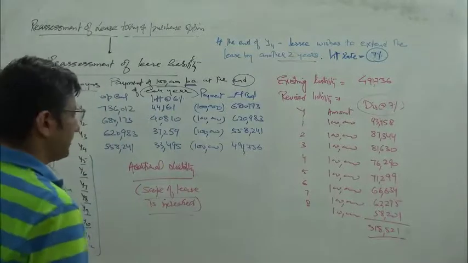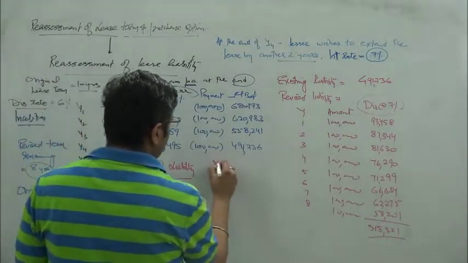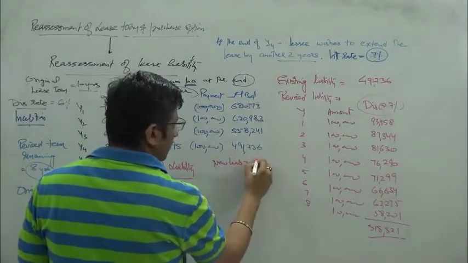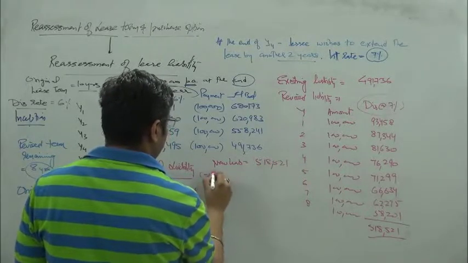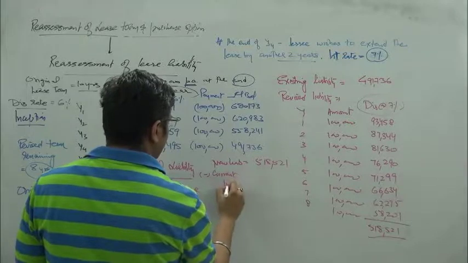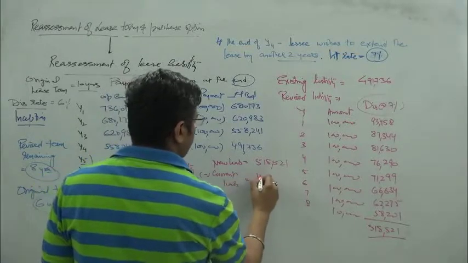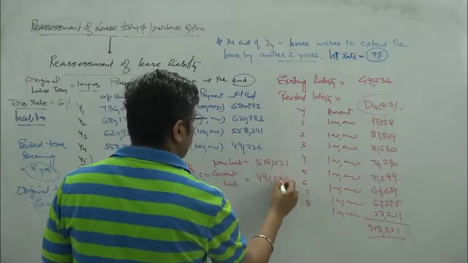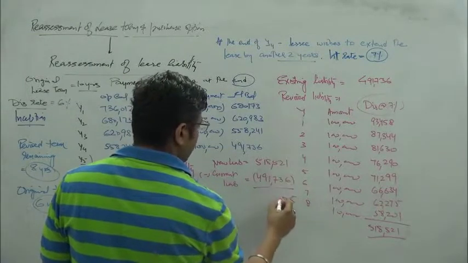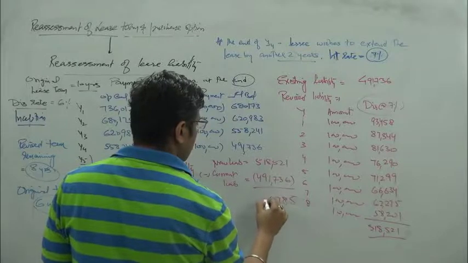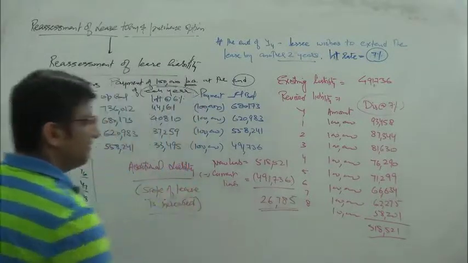But here precisely we are saying that my new liability, which is 518521, reduced by the current liability, which is 491736, I'm getting a value of 26785.